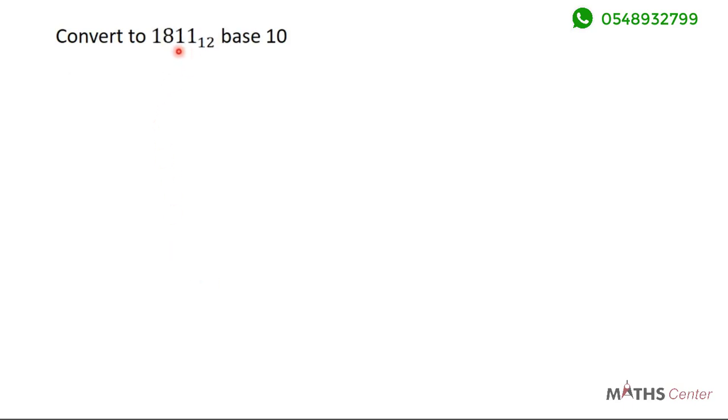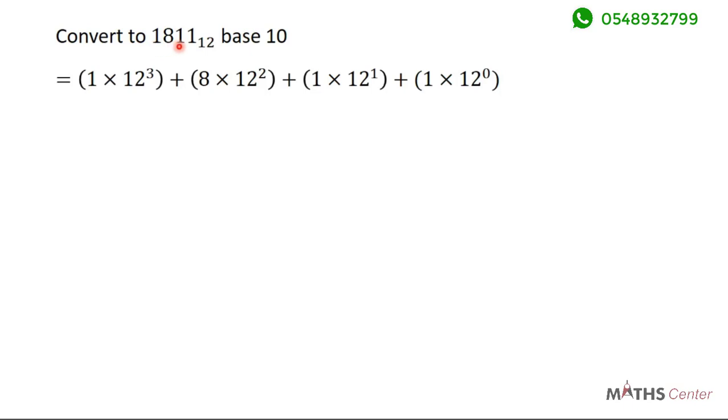The next is to convert the next number, which is 1811 base 12. So you are converting this to base 10. You multiply every digit with the base. So 1 times 12, 8 times 12, 1 times 12, then 1 times 12.